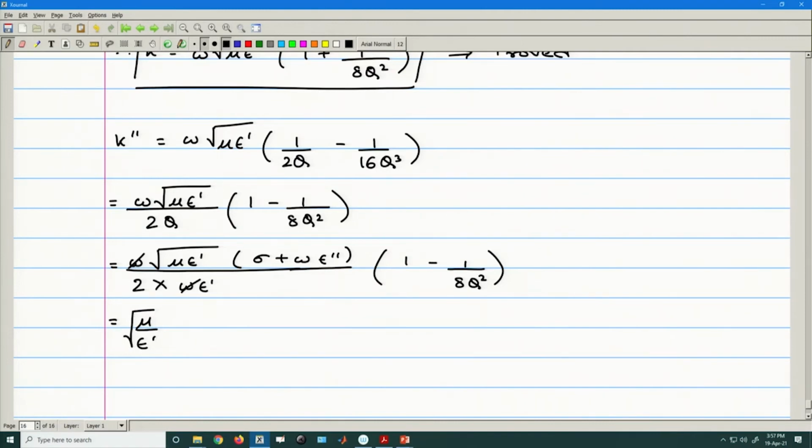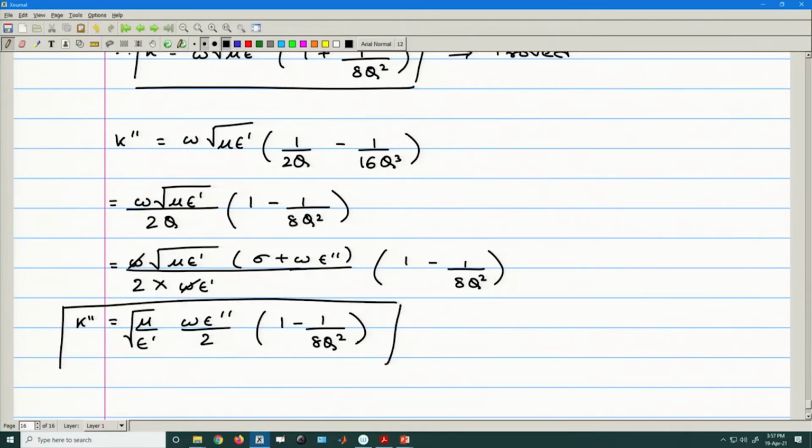Sigma is 0, so we get omega epsilon double prime upon 2 times 1 minus 1 by 8q square. So this is our k double prime, and this is also proved.